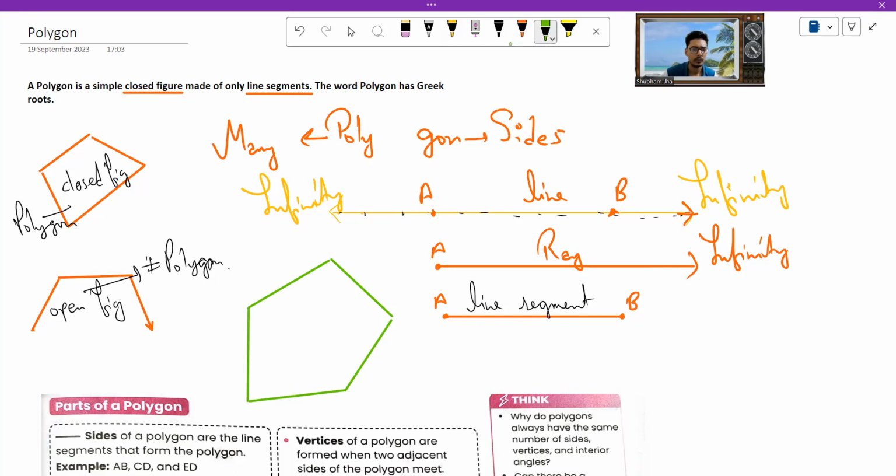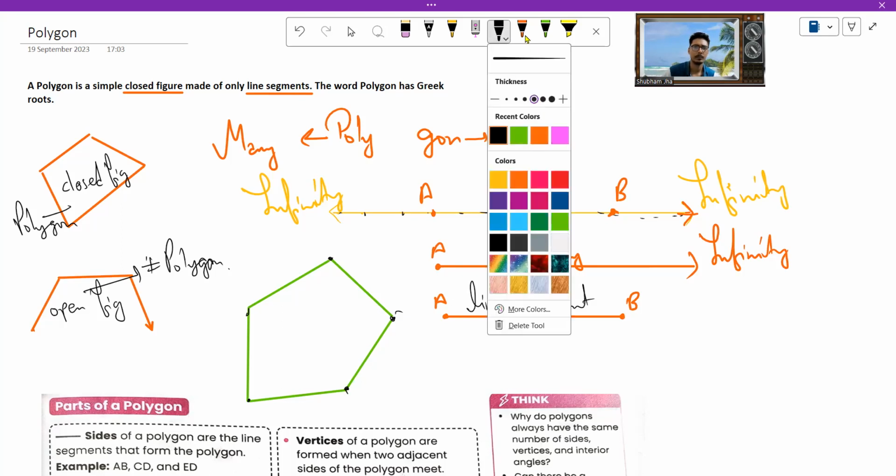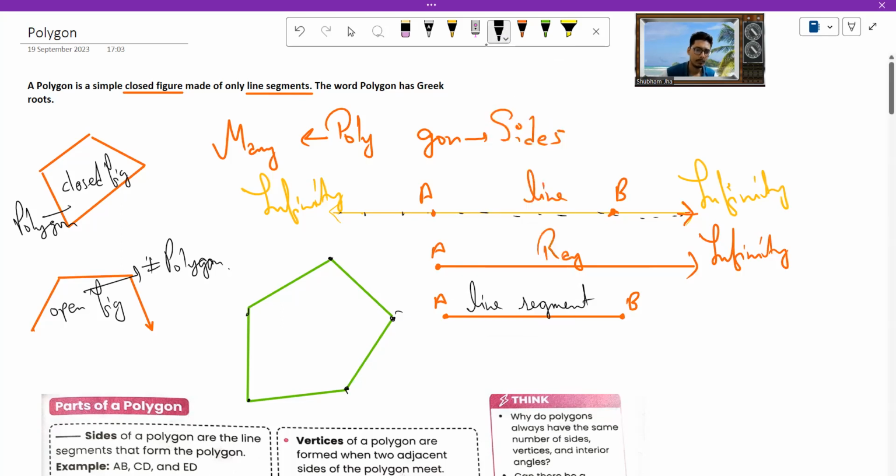Now you can see there are 5 line segments: 1, 2, 3, 4, and 5. So now what do you understand by this? This is a polygon.